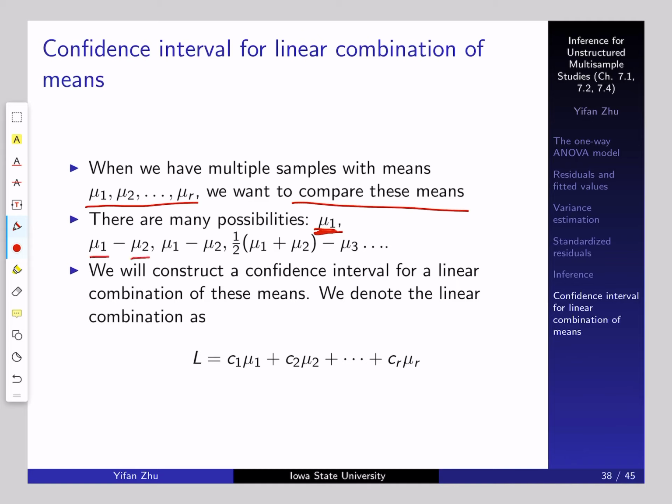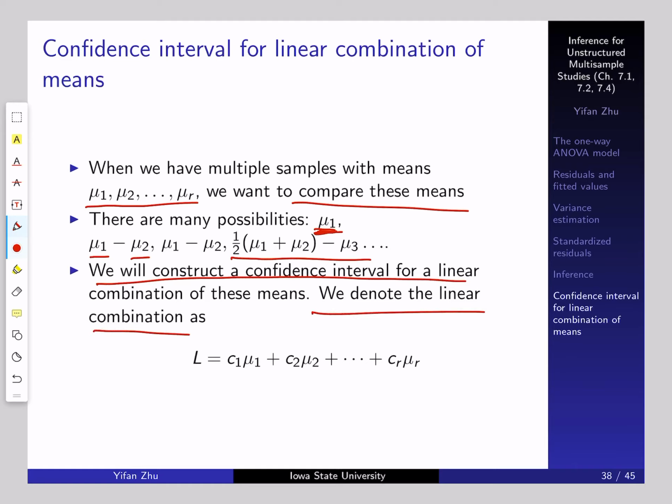I can also make a confidence interval for the average of mu1 and mu2 minus mu3. That compares the average of the mean of group 1 and group 2 with the mean of group 3. So we will construct a confidence interval for a linear combination of these means. Because there are a lot of possibilities, this is the general formula.